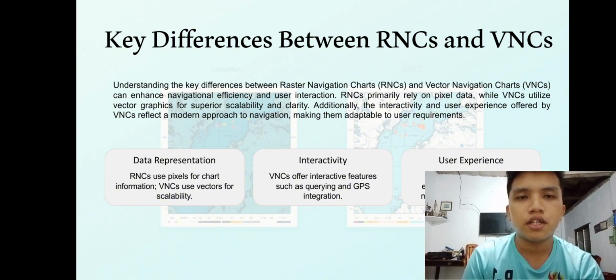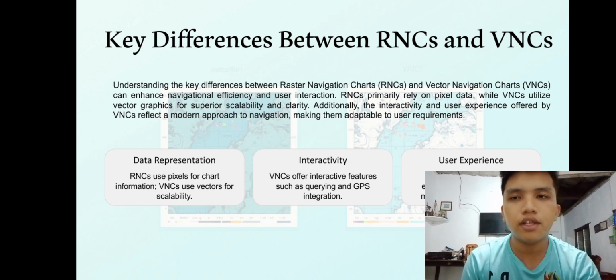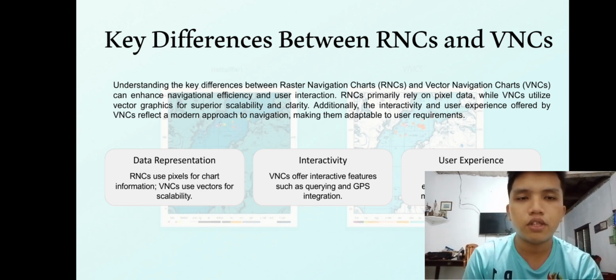And then data representation: the raster chart uses pixels for chart information, while the vector navigational chart uses vectors for scalability. When it comes to interactivity, vector charts offer interactive features such as querying and GPS integration.